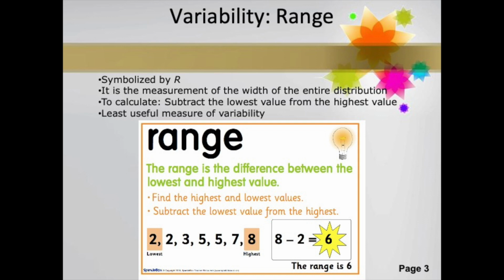Okay, so the first measure of variability we're going to discuss is the range, and the range is symbolized by R. All statistical symbols are reported in professional, polished APA papers as italicized symbols, so that's why I have that R italicized, representing a statistical symbol.